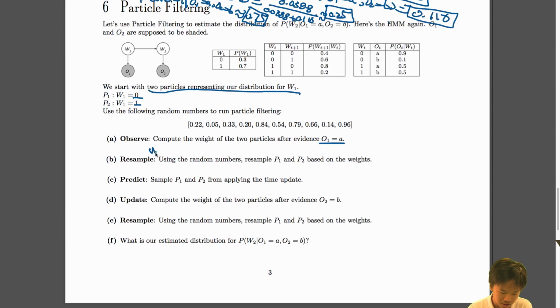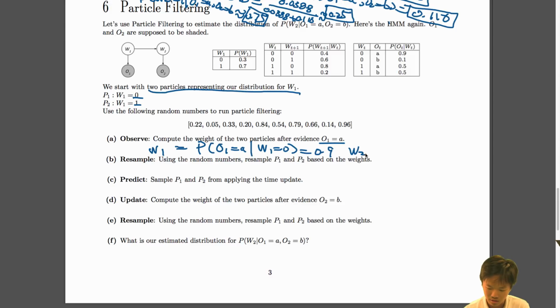The weight of particle 1 after we observe A is going to be the probability of O1 equals A conditioned on W1 equals 0. And that's going to be 0.9.